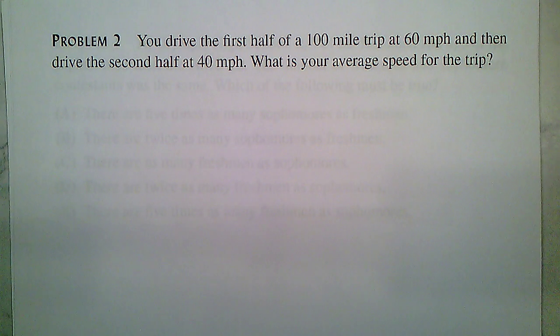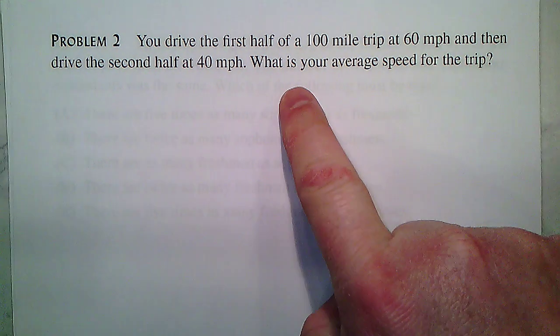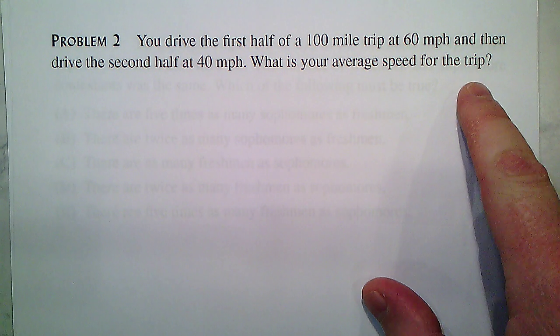And let's see, what does this problem say? So it says you drive the first half of a 100-mile trip at 60 miles per hour, and then drive the second half at 40 miles per hour. So what does this mean? And then I'm asked to find what is your average speed for this trip.